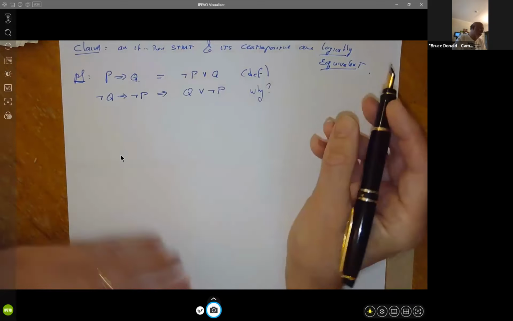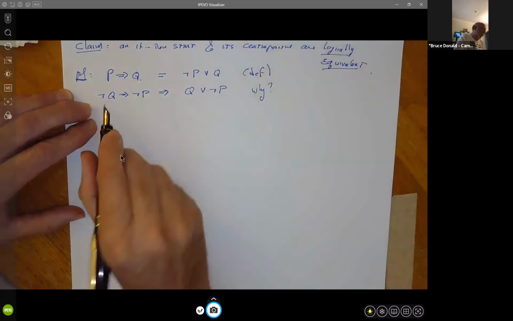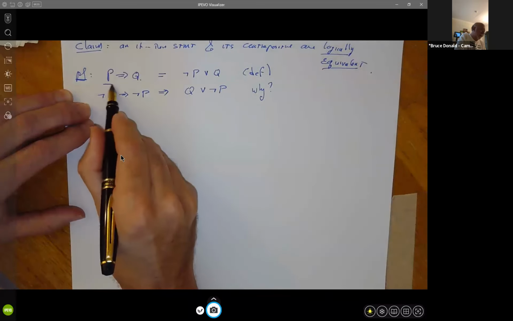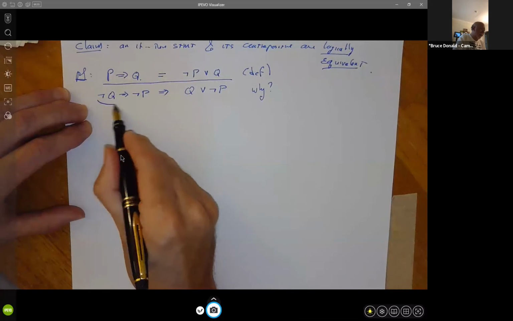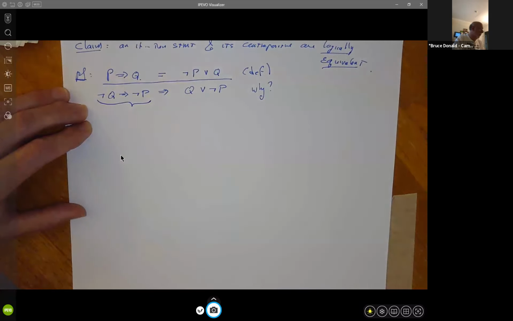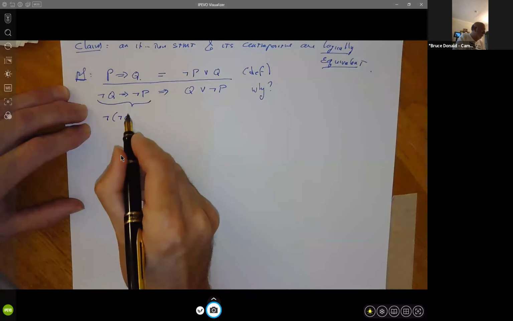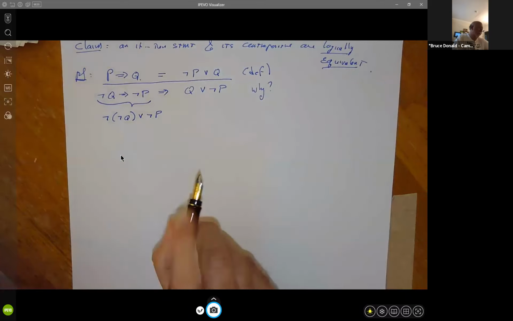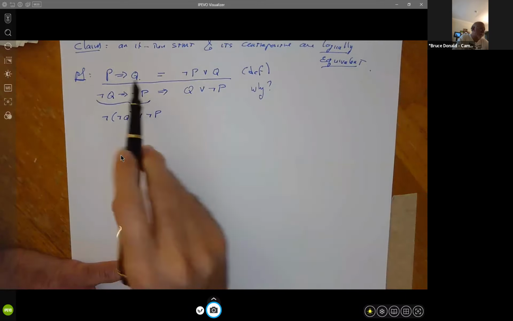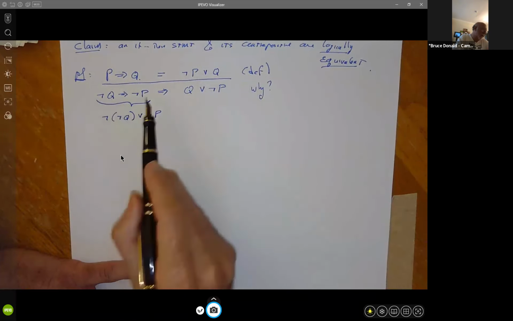Okay. Well, so I start with, the top line is fine, right? That's just the definition. Here's the bottom line. So I'm going to take this and write that in disjunctive form, and that's going to be not not Q or not P. So for the same reason that P implies Q is equivalent to not P or Q, I could just substitute not Q and not P for that.